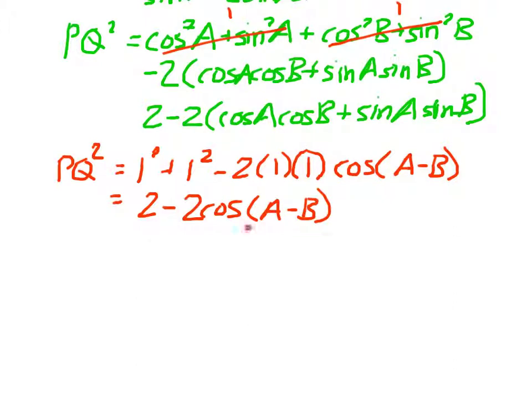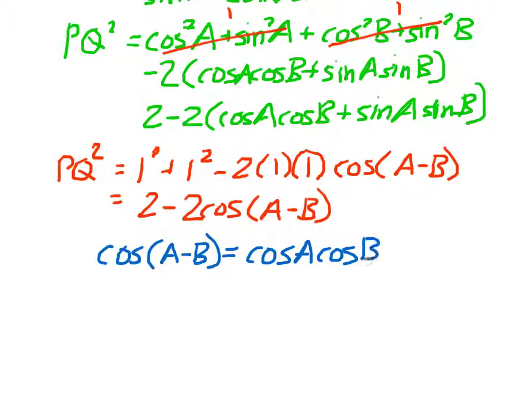Well, the first part of the expression looks very similar. By comparing this equation to this equation, I can prove that the cosine of A minus B equals cosine of A times the cosine of B plus the sine of A times the sine of B. And this is our first addition formula.